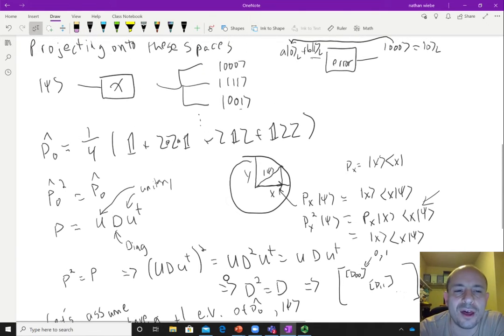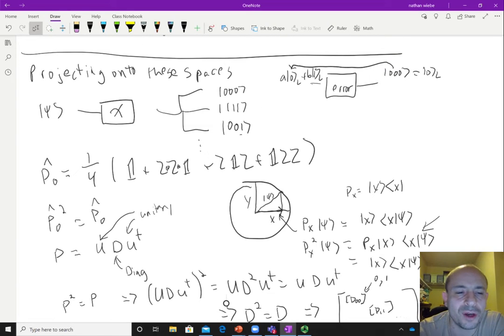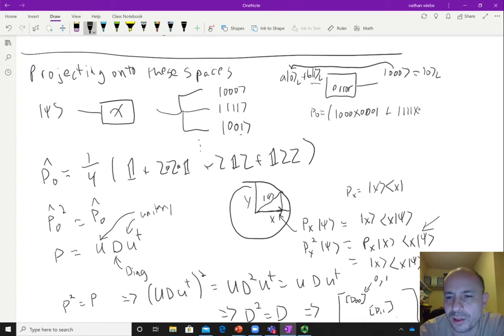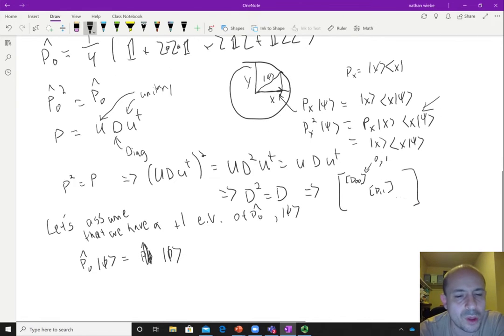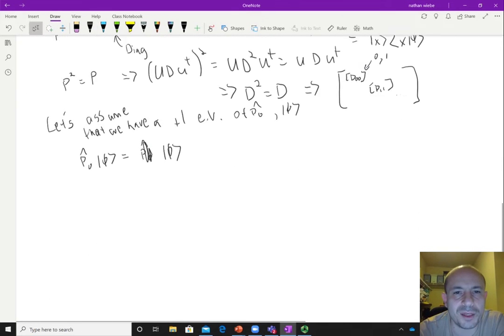And in this case, what that means is that P_0, which again is equal to the projector onto the code space, given by |000> plus |111>, means that our vector phi is in the span of these two vectors. It's some linear combination of these valid code words. Okay, so that's what it ends up meaning to be a +1 eigenvalue of it.